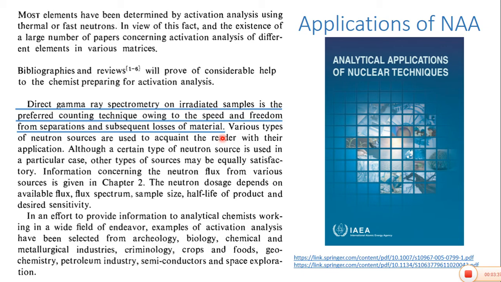So most scientists and chemists prefer to count gamma radiation directly in order to measure the different elements in a sample material.